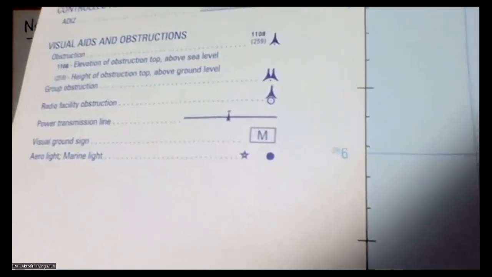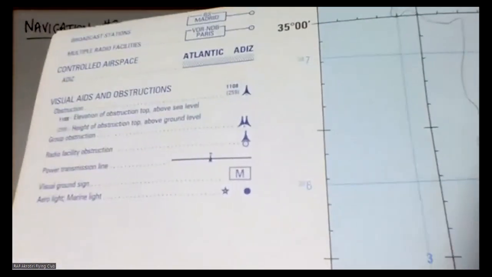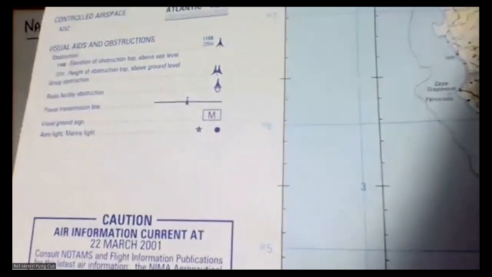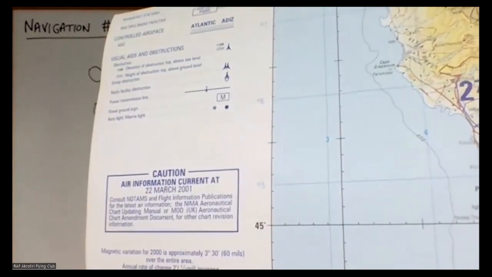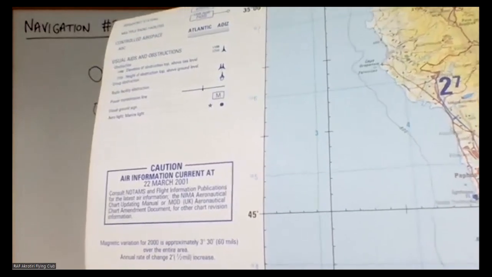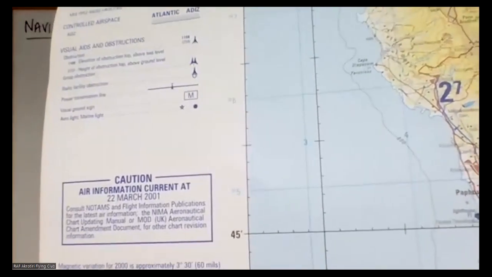Well, let's have a quick look here. 3 degrees 30, March 2001. So it's gone 10 years since then at least. So it changes by 2 minutes. That's 20 minutes. So 20 minutes is about half a degree.